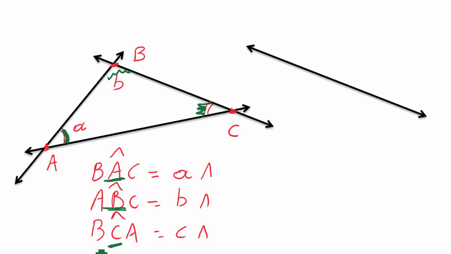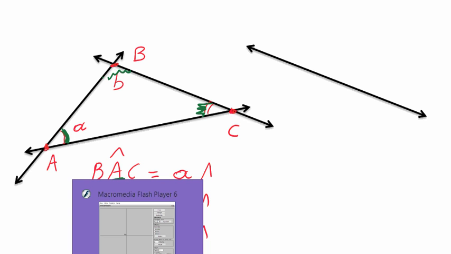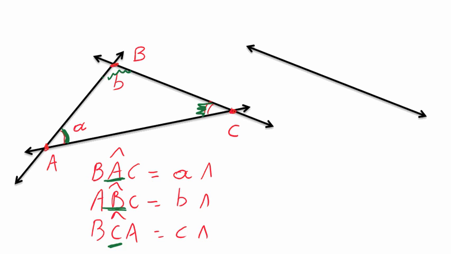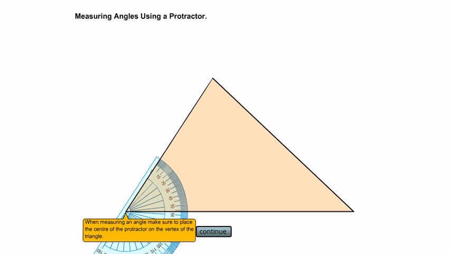We are going also in this video to learn how we are going to measure the angles of the triangle. Usually we measure the angles of a triangle using a protractor. Remember, we used to measure angles earlier with a protractor.